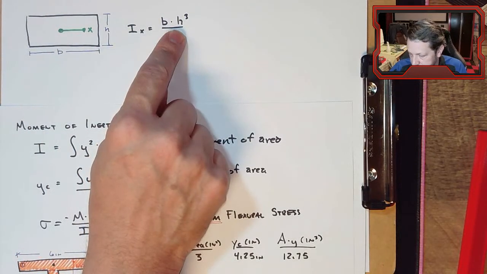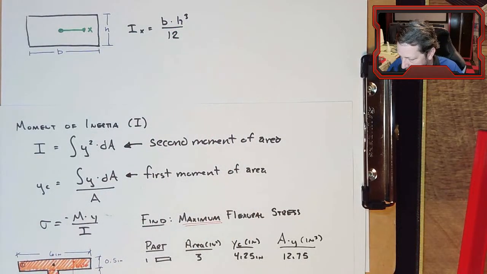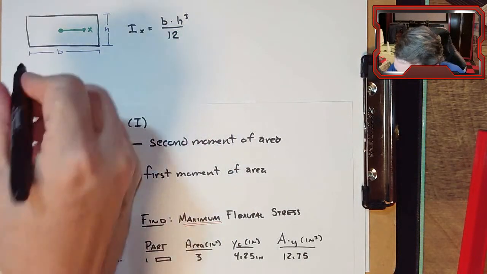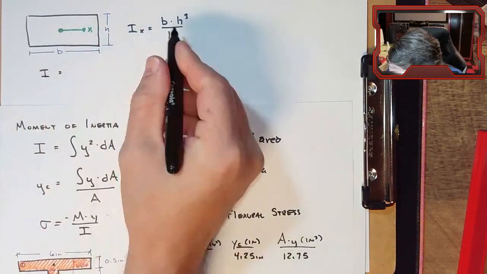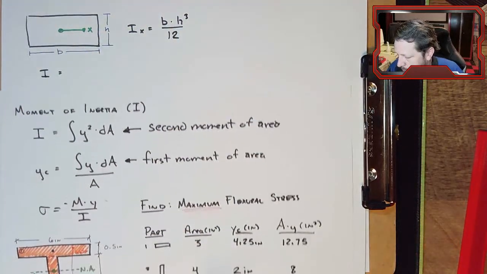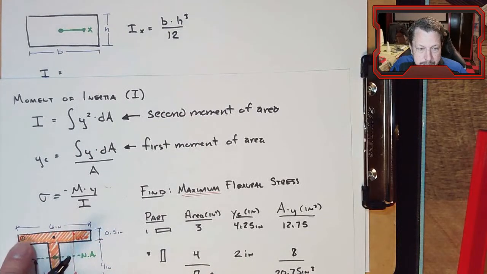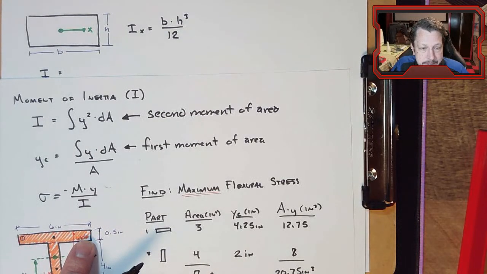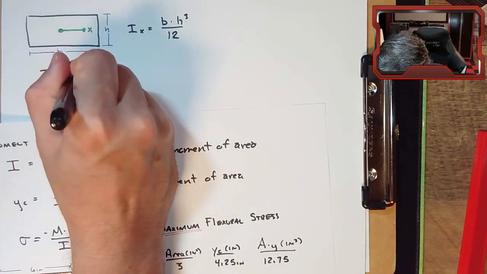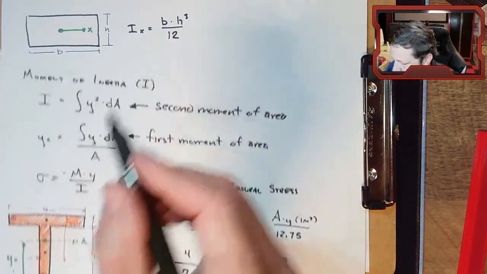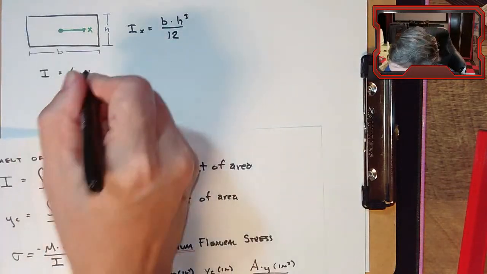So if I took this equation for the flange, part 1, base of the flange, let's get it on the screen. The base of the flange, the dimension parallel to the x-axis, is 6 inches. The height of the flange was a 1/2 inch.